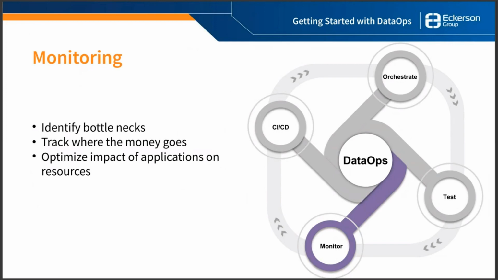When you get that bill from AWS or Azure at the end of the month, it's often hard to tell where your expenditures came from, what pipelines, what applications were really driving up those expenses. Monitoring helps you do that. It'll help you understand which of your applications are the drivers of your cloud and resource drain. And then all of this information goes into helping you optimize the applications and the data pipelines themselves in order to run more efficiently and bring down the overall cost.